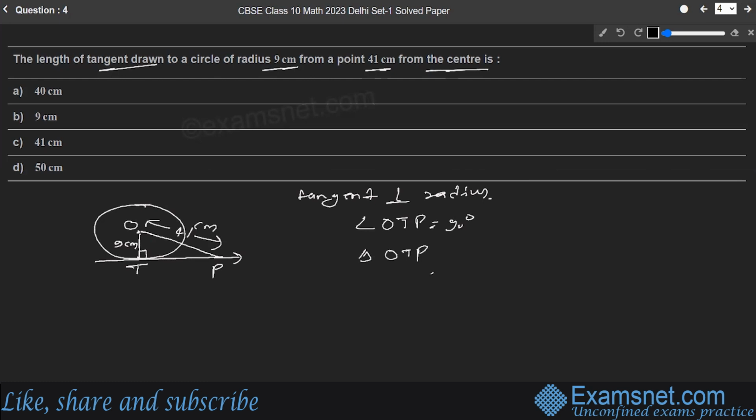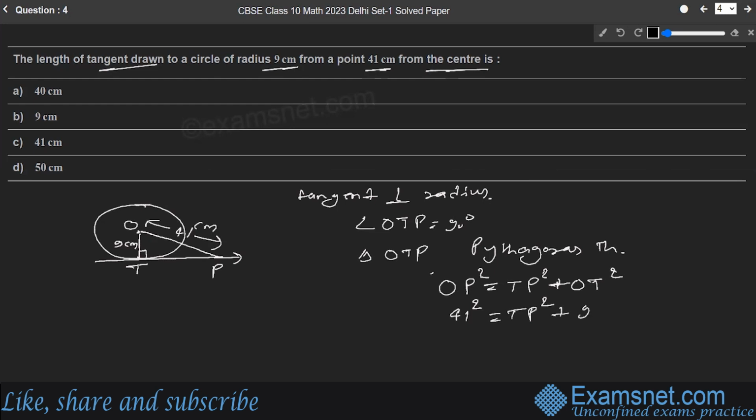So we can apply Pythagoras theorem: hypotenuse square, which is OP square, is equal to base square, which is TP square, plus perpendicular square, which is OT square. OP is given as 41 square, TP is still to be found, and OT square is 9 square.